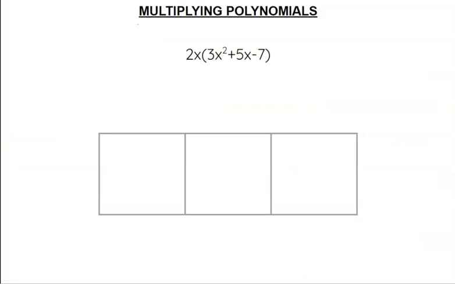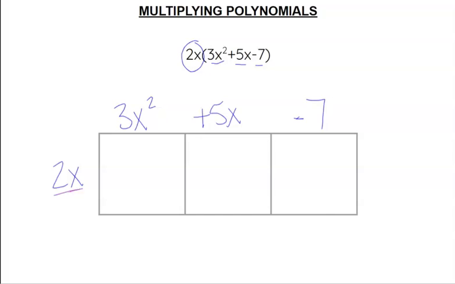All right, we're going to try one more example here, and this is just going to be a little bit longer because we have 1, 2, 3 terms inside our parentheses instead of the 2 that we have been using. So we're going to start by putting our 2x on the outside, and then 3x squared plus 5x minus 7. And then we're just going to multiply that 2x by all 3 of those values.